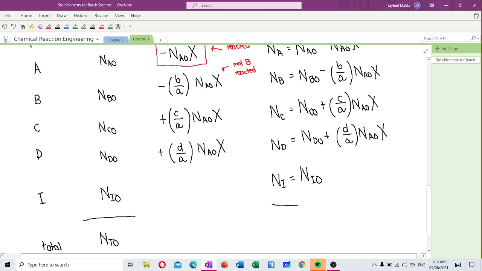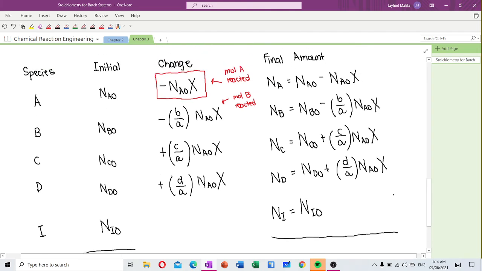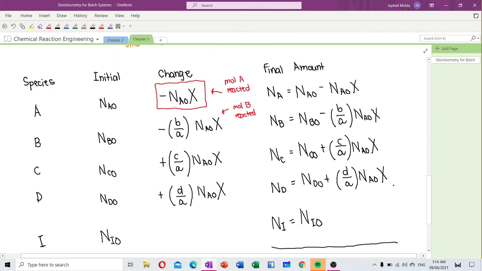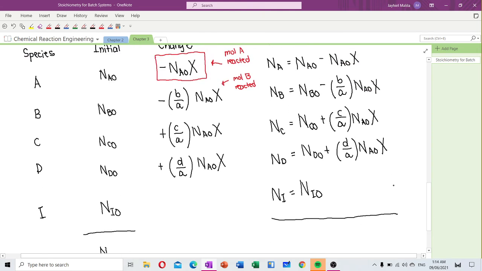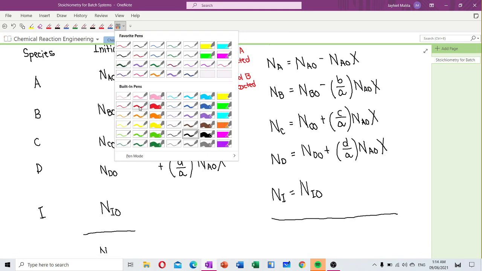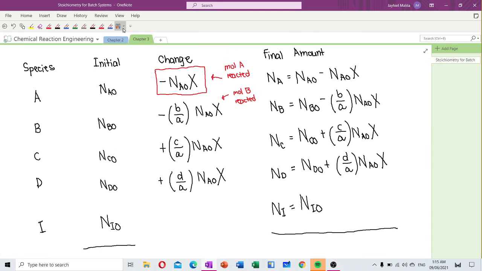And also for the total number of moles at the final time, if we're going to add that one, notice that, I'll just use green, in the first term, if you're going to add everything, it's Na plus Nb plus Nc plus Nd plus Ni, right?